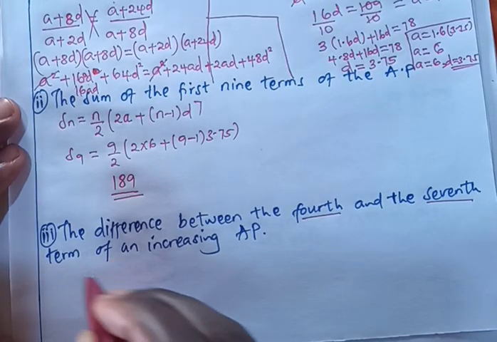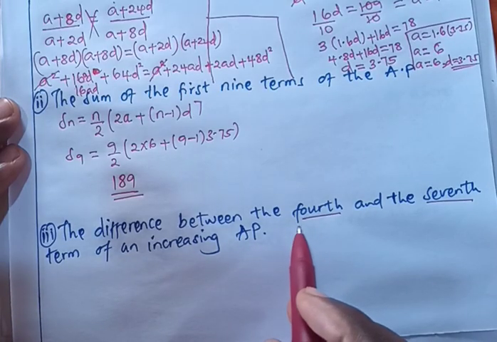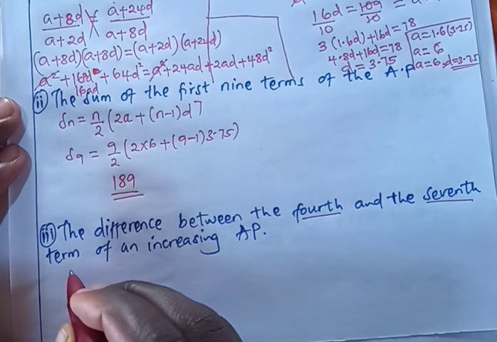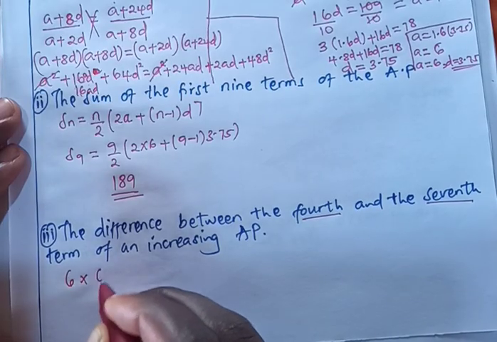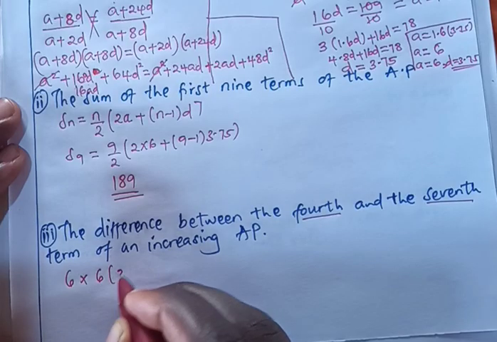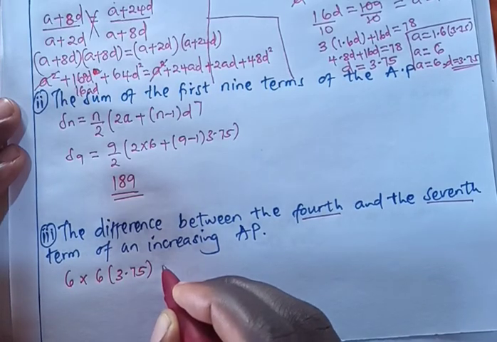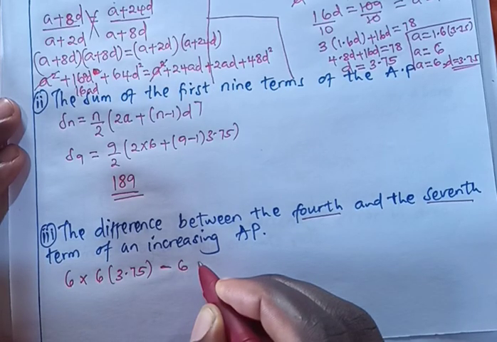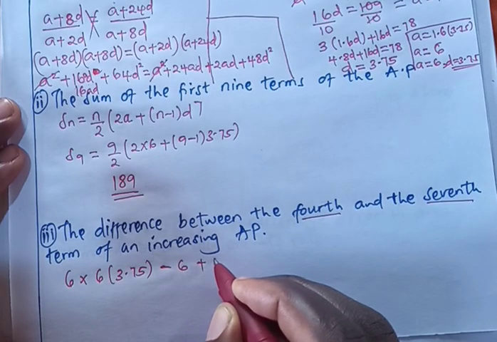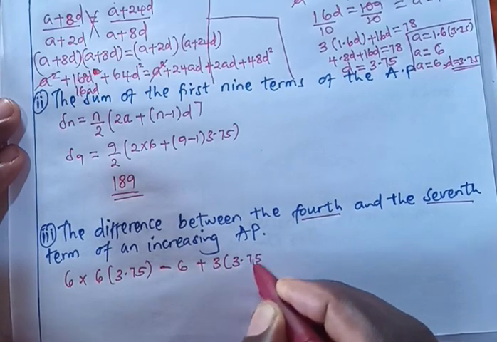The difference between the fourth and seventh term of the AP is going to be 6 multiplied by 3.75, which is our common difference, take away 3 multiplied by 3.75.